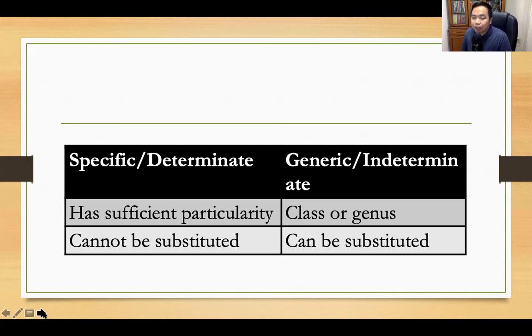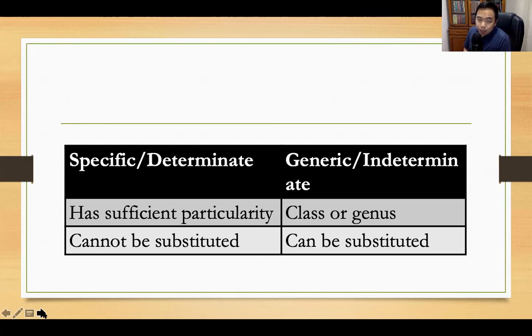Even if it is lost, for example, an iPhone. You are to deliver the iPhone, and the iPhone is lost. You can replace the iPhone with another unit of the same kind and quality, because class, what you agreed on is only an iPhone. There is no specific description, no serial number, for example.